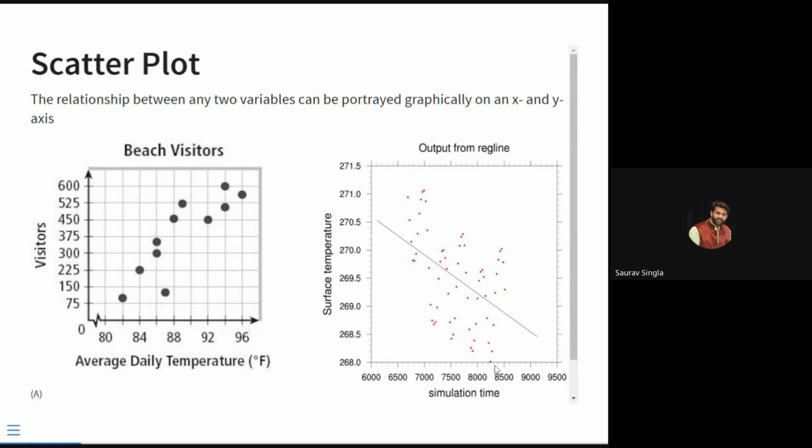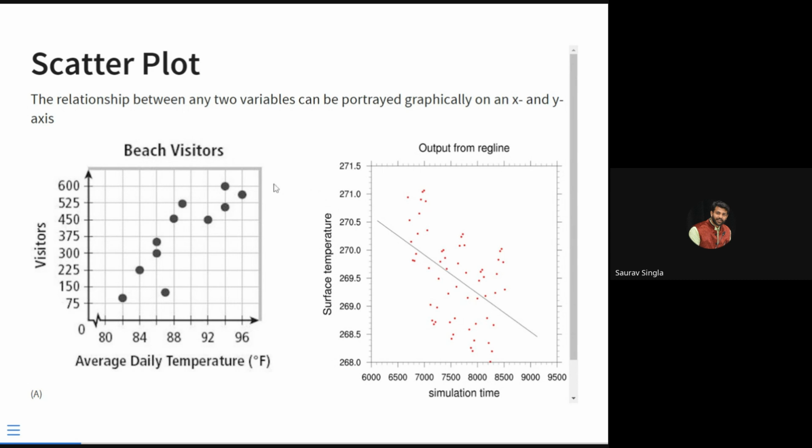If the simulation time was 8,000 seconds, I think this is seconds data, these are a few readings. So it is not necessary that on every X there is only a single reading. There could be multiple readings as well. It depends on the observed data and the experiment. So this is what a scatter plot is. So why are we discussing a scatter plot before discussing regression and correlation?